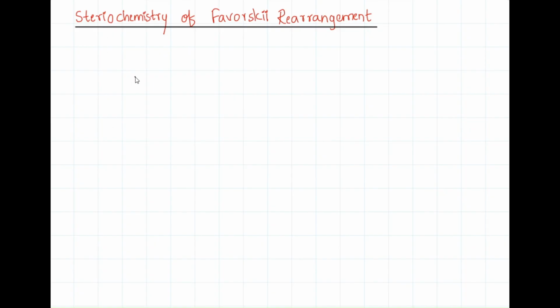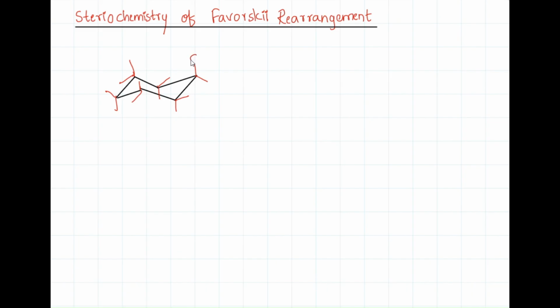We all know the stereochemistry of cyclohexane. We know that, right? So this is an axial position, this is an equatorial position, this is equatorial, and this is axial, and this is equatorial, axial, equatorial, axial position, right? This is equatorial, axial, equatorial, and axial, right?